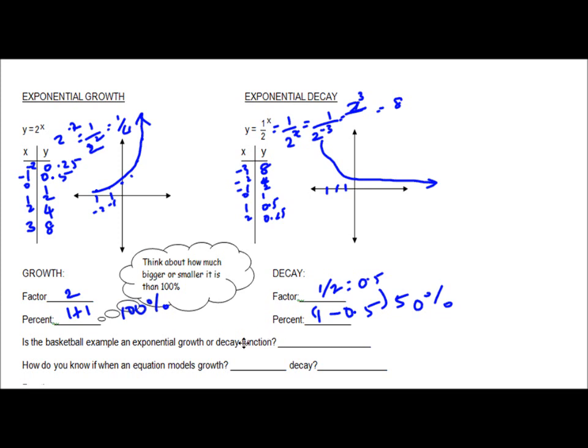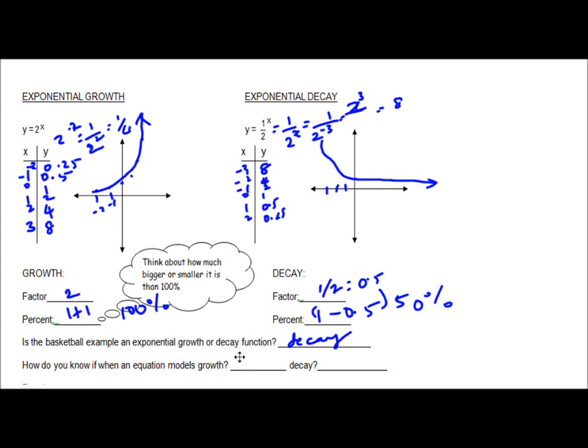All right. Now, in the basketball example, is it a growth or decay function? What do you guess? It is a decay function. How do you know if an equation models decay? Look at the b value.